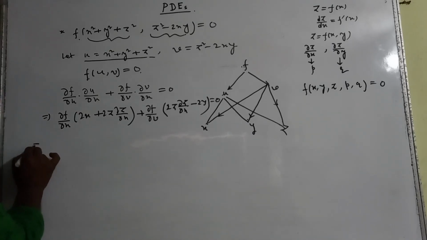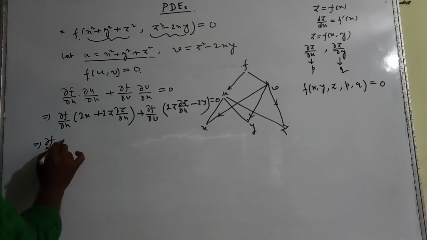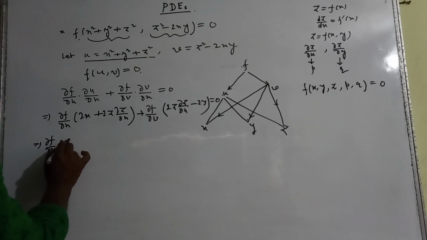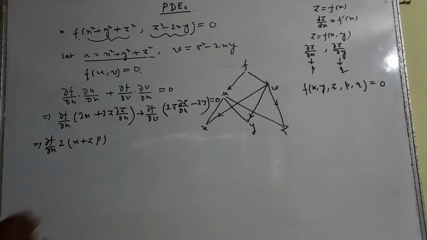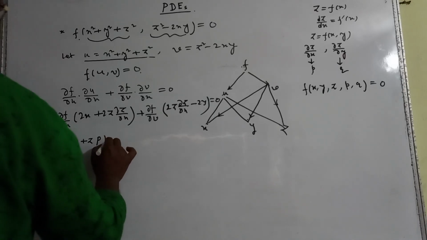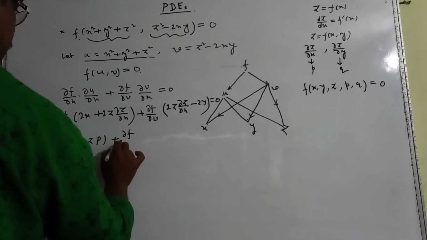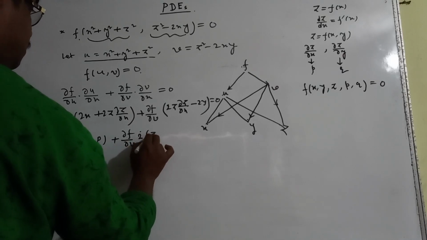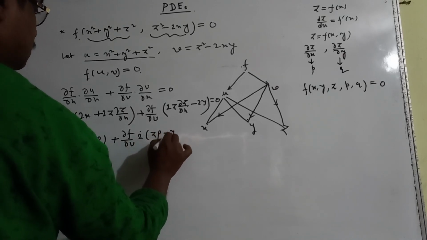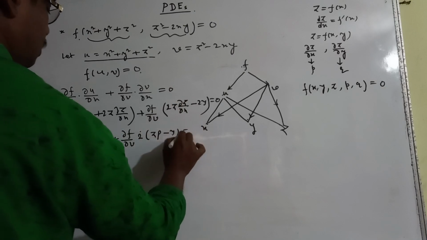We can write this del f del x from here. If we take 2 as common, then it will be x plus z p, this p is del z del x. From this, del f del v, if we take 2 common, z p minus y, equal to 0.